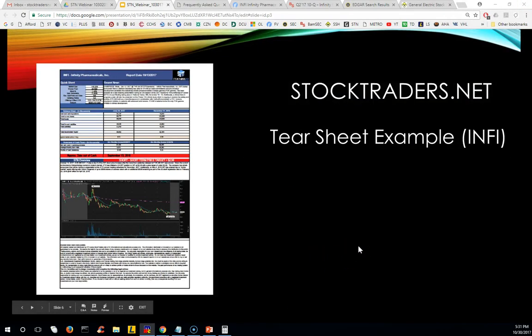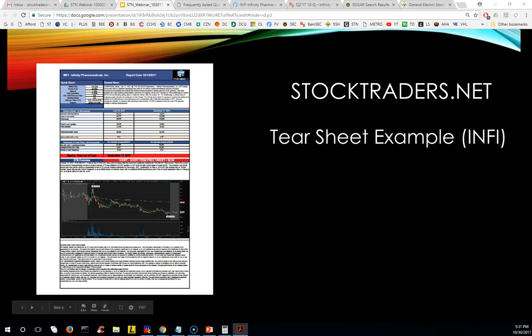Now, I've termed this the tier sheet, and I want to let you know it's probably going to change, but from my history back as a broker, this is what we used to call them. They're one page, they're full of information, and usually it's very good information. Let me bring it up in a little bit bigger form for us to look at.